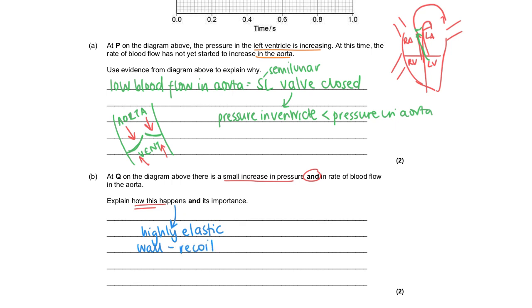So this is a bit like when something stretches and then the force is let go, or the pressure is let go, and it kind of wibbles and bounces and it looks like it contracts a little bit, but it's actually just the elasticity sort of coming back to resting and then responding to pressure changes from that elasticity. What you cannot say for this mark, however, is that it's muscle contraction.